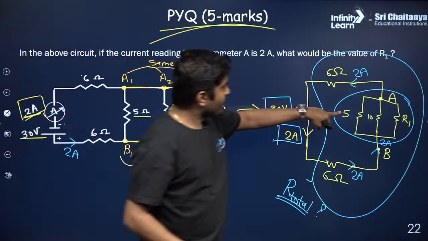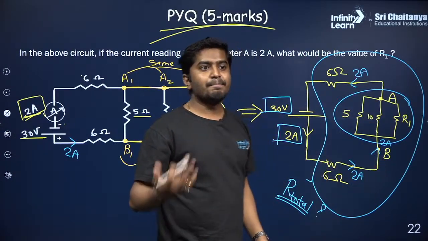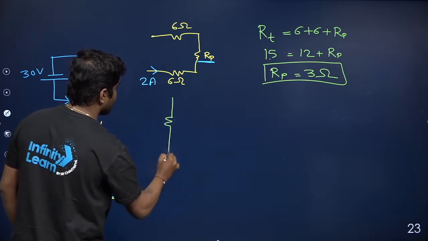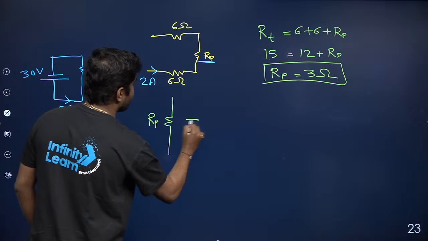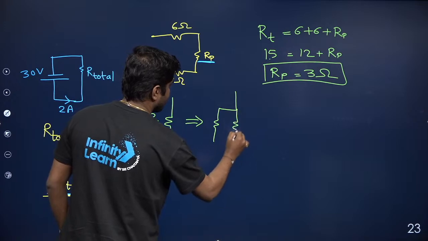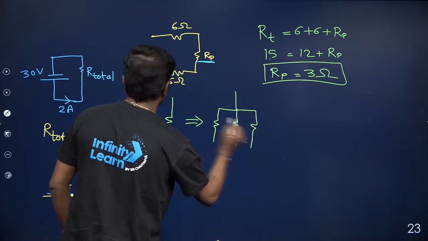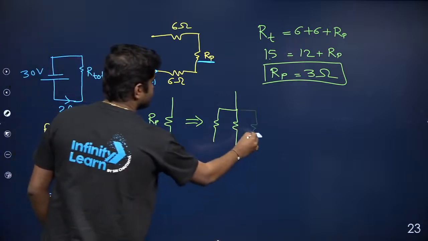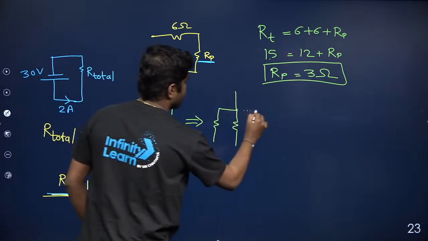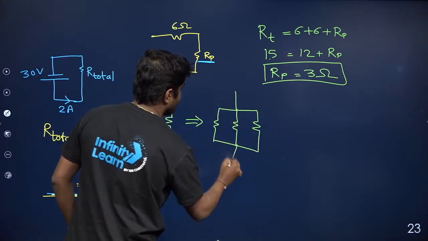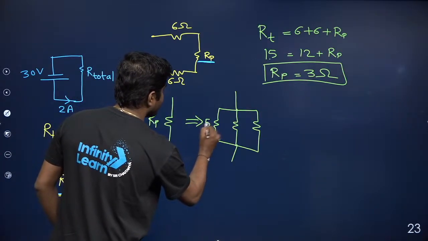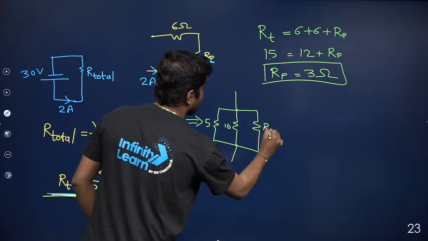But what is RP? 5, 10 and R1, they are in parallel. So I'll redraw it. This RP is equivalent to these three resistances: this is 5, this is 10 and this is R1.